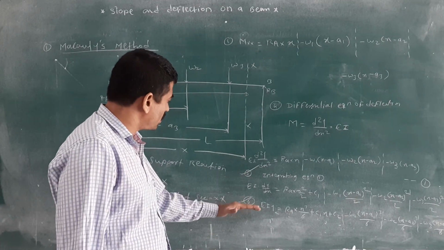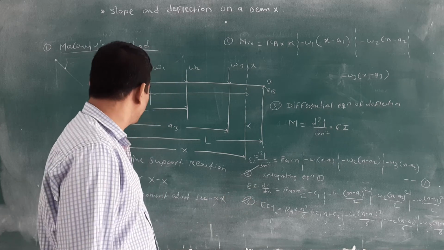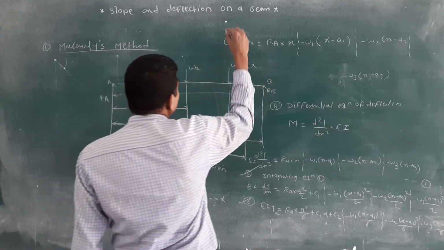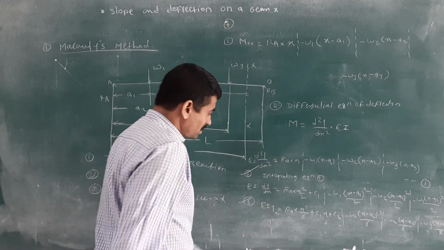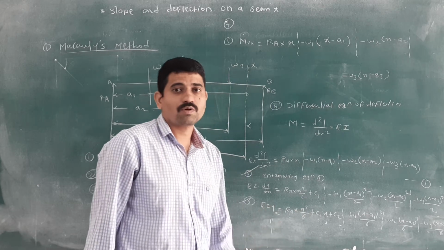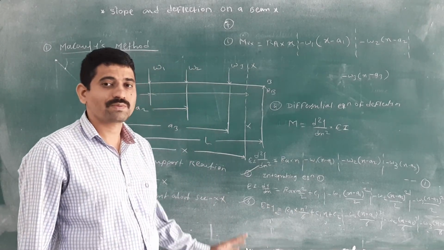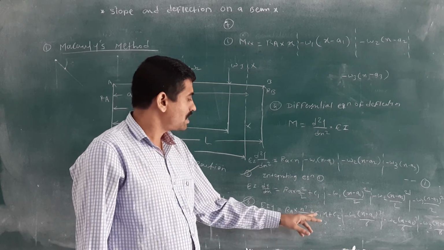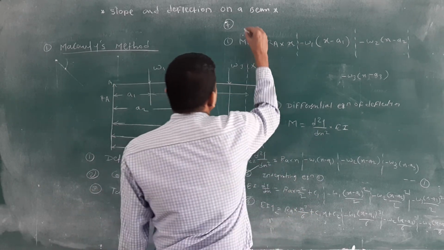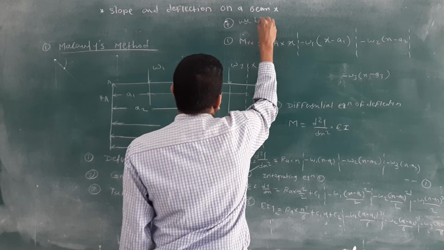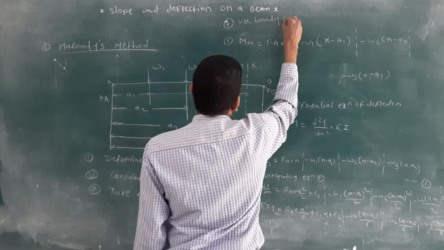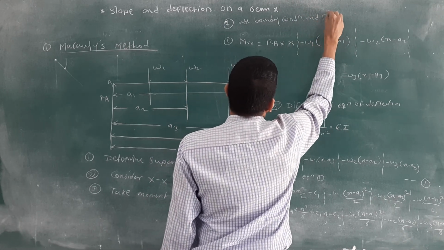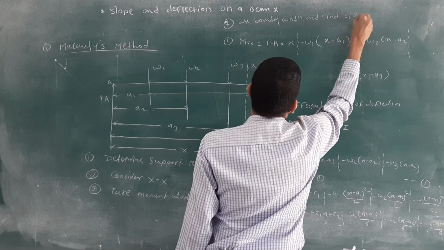Once you have got the generalized equations, next is step number 7: how to find the constant values. We have seen the boundary conditions for the simply supported beam and cantilever beam. You have to apply the boundary conditions and find the constant values, C1 and C2.